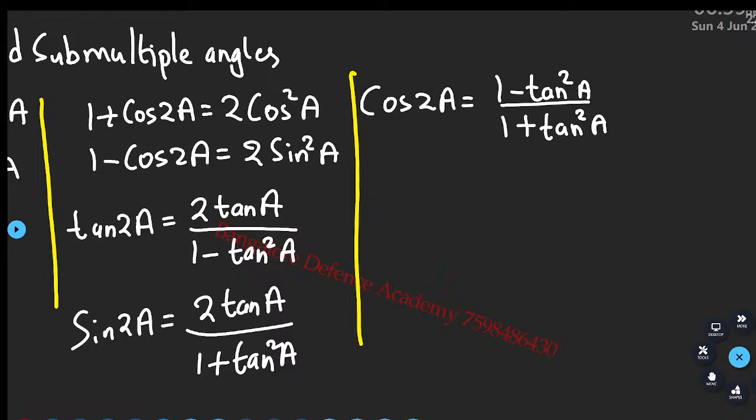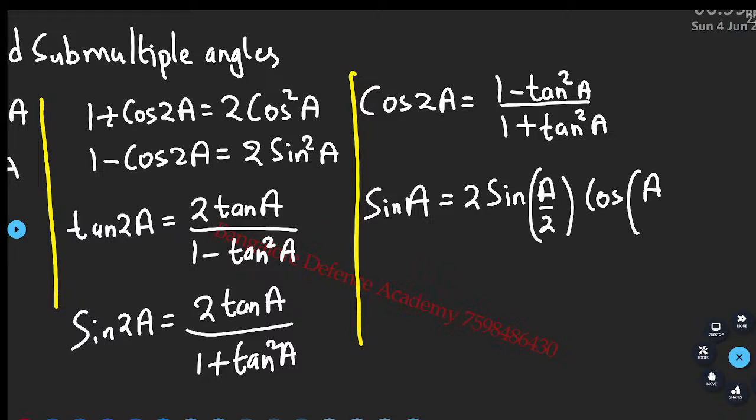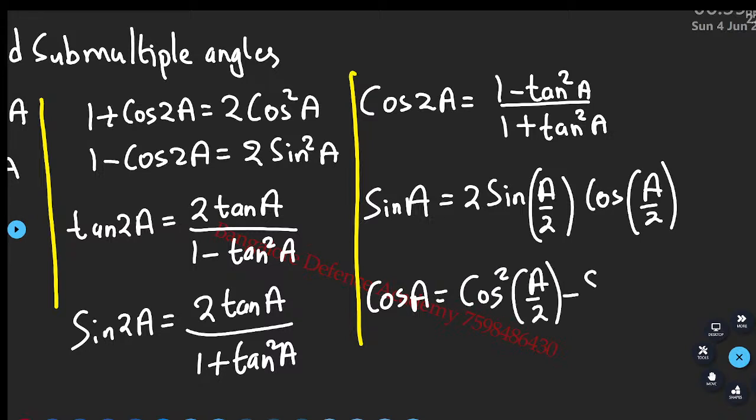Next, write down next formulas. sin A is equal to 2 sin A by 2 into cos A by 2. Next, cos A is equal to cos square A by 2 minus sin square A by 2.